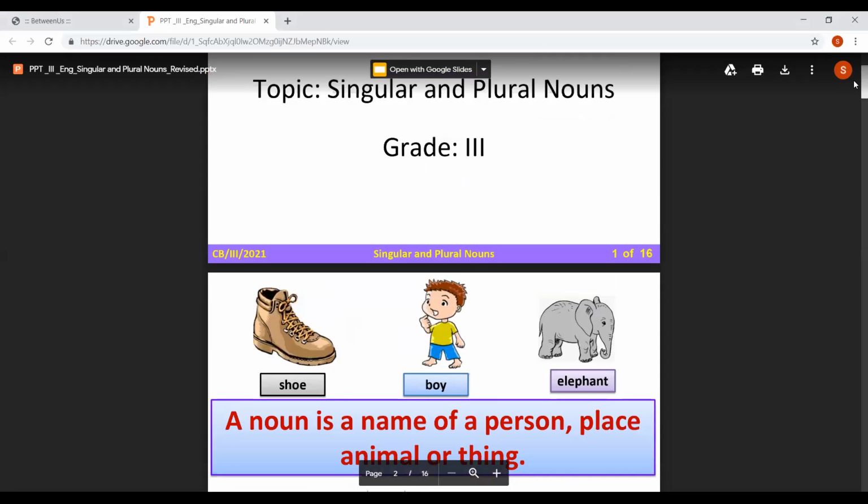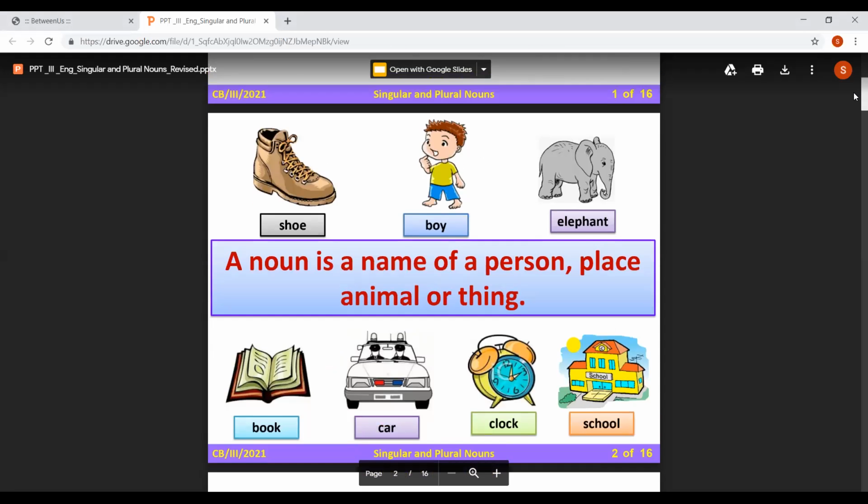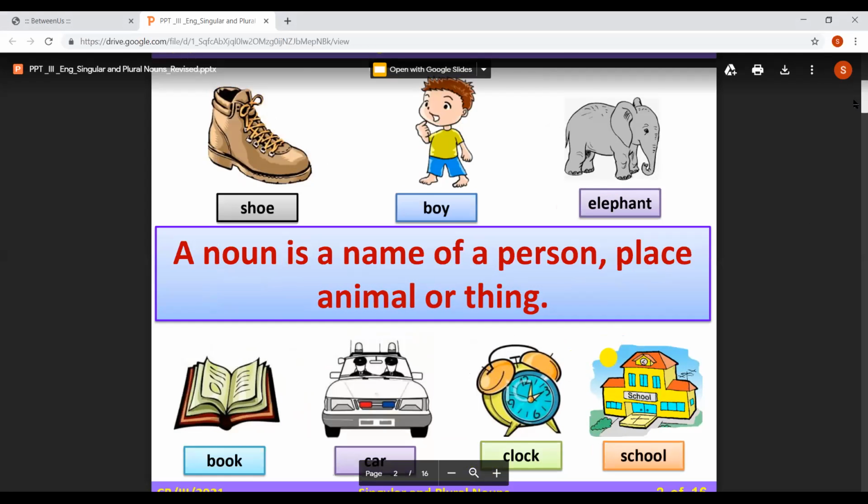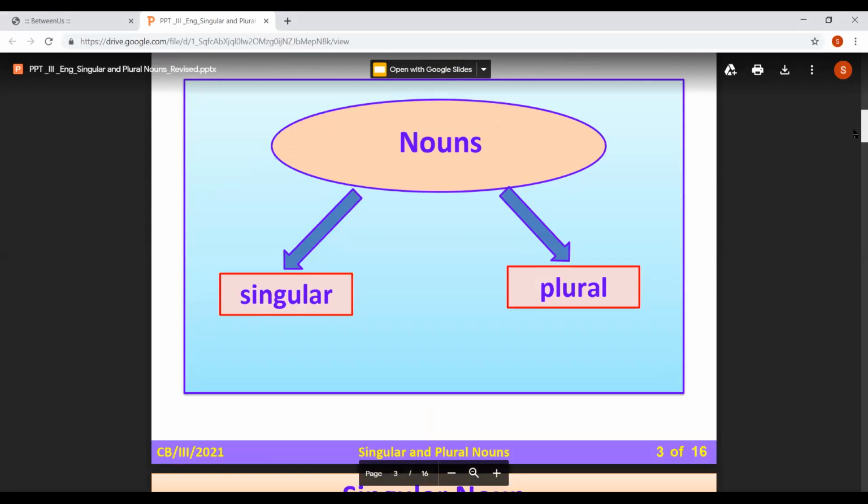Here, as I said, see here, a noun is the name of a person, place, animal, or thing. This you have learned: shoe, boy, elephant, book, car, clock, school. Here you can see on the screen the names of places, persons and things. Nouns can be singular and plural.